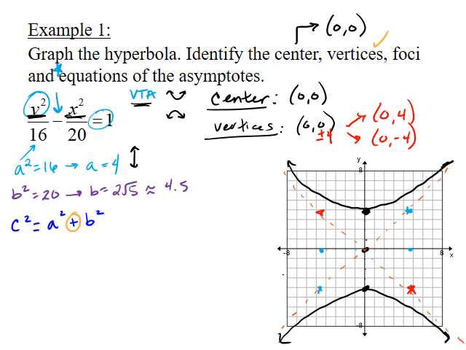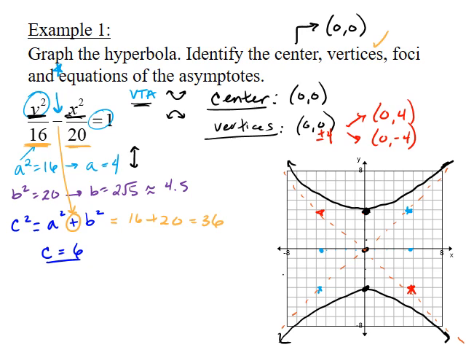And again, it's just the opposite sign. So in our case, we will have 16 plus 20. And I want to point out, in this case, a squared is not bigger than b squared. This is equal to 36. So taking the square root of both sides, I find that c is 6.